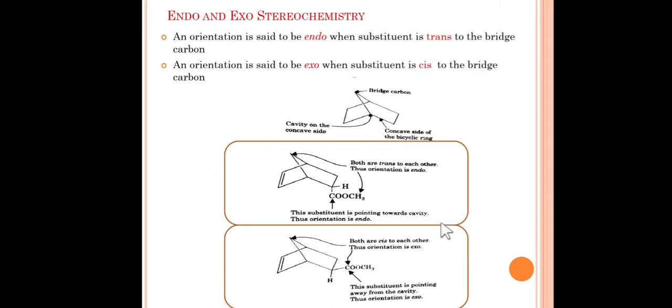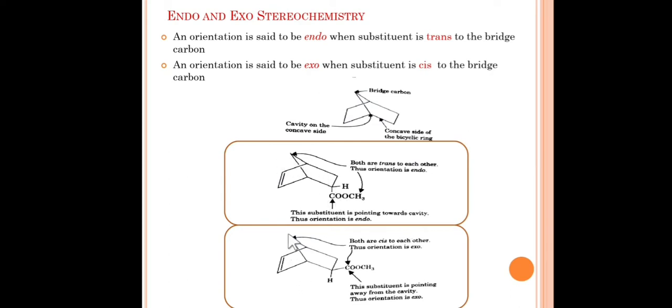Before going ahead, let's discuss what is meant by endo and what is meant by exo. You can see that an orientation is said to be endo when the substituent is trans to the bridge carbon. This is a bridge carbon, and we have a substituent here, here, here, or here. If you have a substituent which is trans to this bridge carbon, this is called endo.